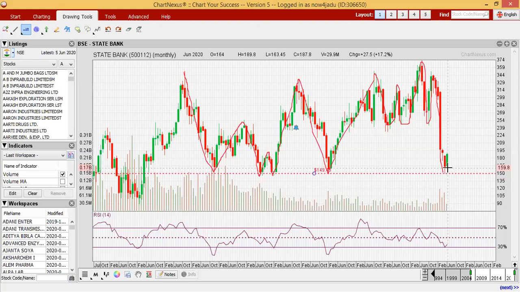Suppose it is trading near the 153, 152 level, then you can put a limit order at the price of 150, and after some time when it comes to 150, it will execute. Because you know it has been taking support at the 150 level year after year, you can take the risk with a very small stop loss.